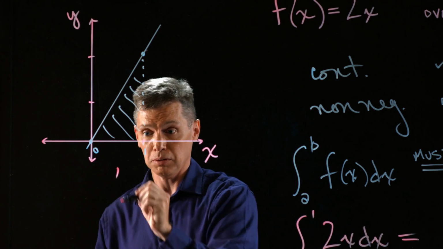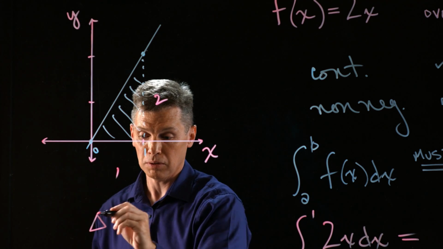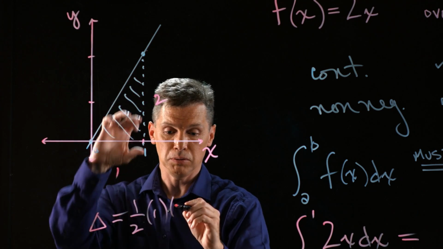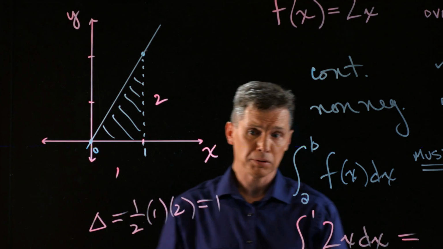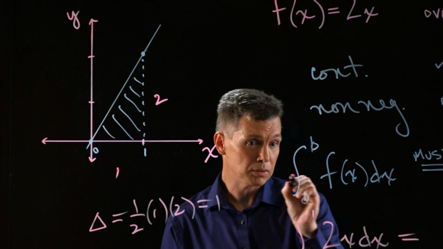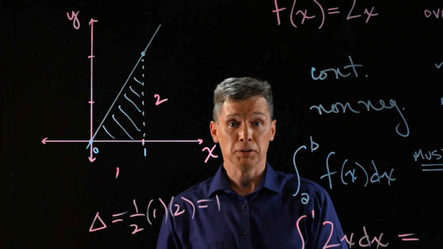With a base of 1 and a height of 2, the area is 1/2 times 1 times 2, which equals 1. That's a quick visual confirmation that this integral does equal 1.